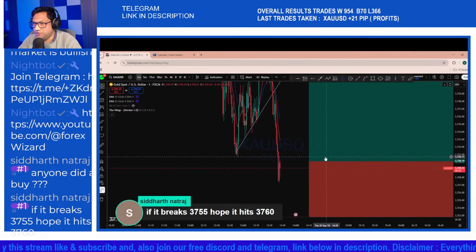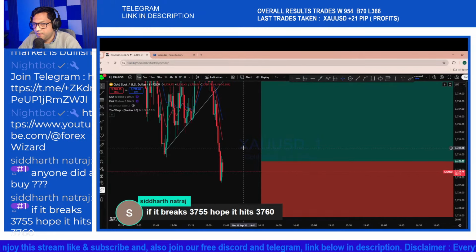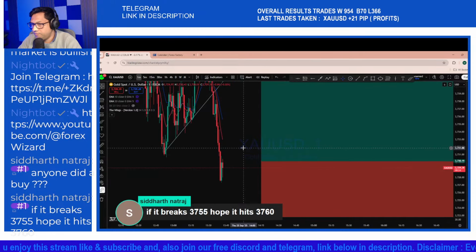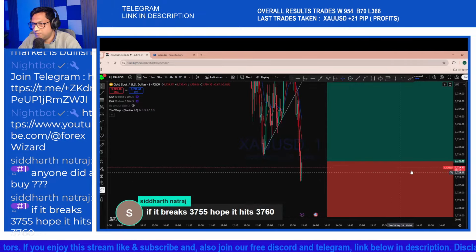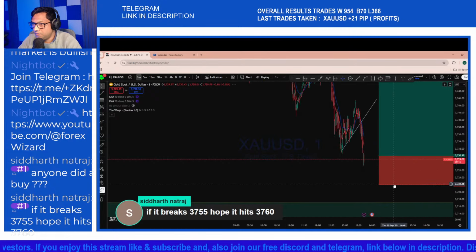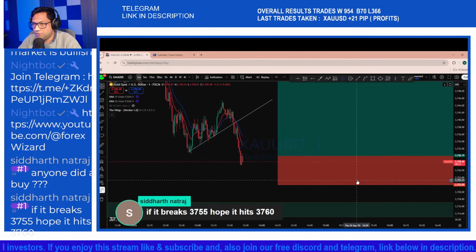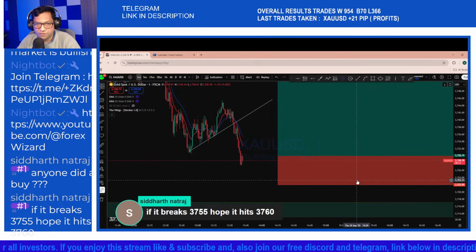Are you seeing a reversal pattern here? Below the support, expecting a reversal pattern.